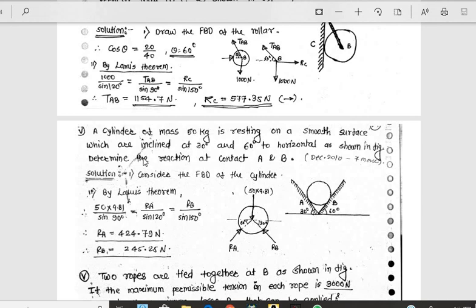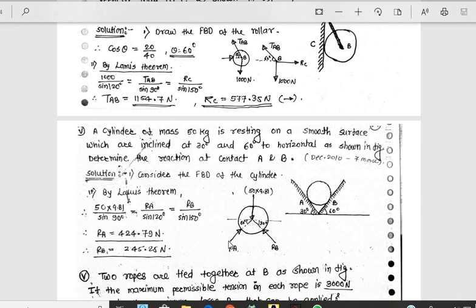First of all we have to draw the free body diagram and do the calculations for the angles. Here there is the center, the weight is like this, and this force is here. Extend this line, and this angle is given as 60 degree. If you drop this, it becomes 30, and its alternate becomes 30 degree.